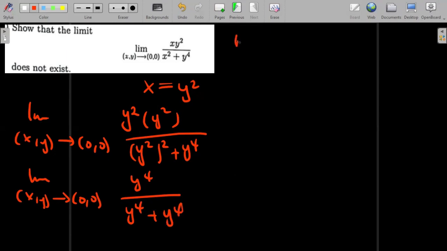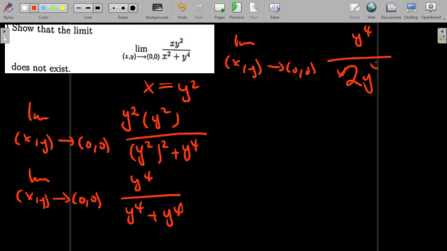So this is going to be the limit as (x, y) approaches (0, 0). I can add the terms down there, and I'll get 2y to the power 4. So the y to the power 4 terms divide, then I just have the limit as (x, y) approaches (0, 0) of 1 over 2.